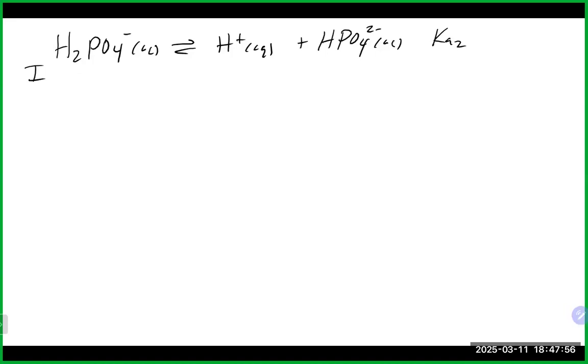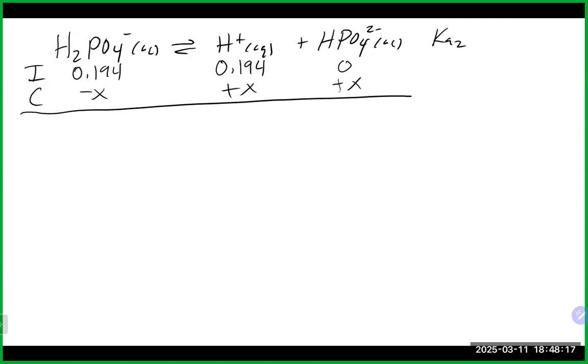We have 0.194. We also have here 0.194 for our H plus, and we have 0 there. And again, those are our equilibrium concentrations from the first hydrogen. Change is going to be plus x, plus x. That's going to give us 0.194 minus x, 0.194 plus x, and x.